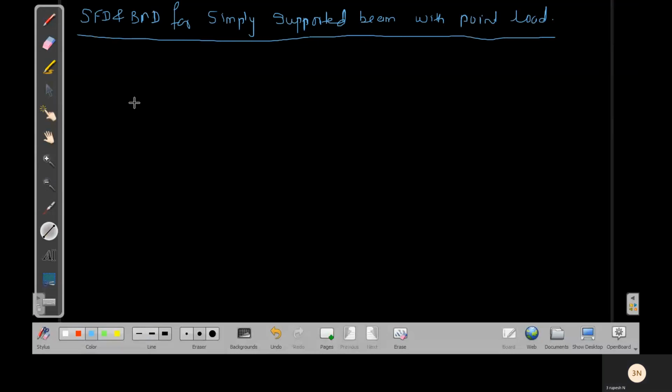So the first example: this is your beam, this is your support, hinge support, and this is your roller support. And here is your point load. The distances are like this.